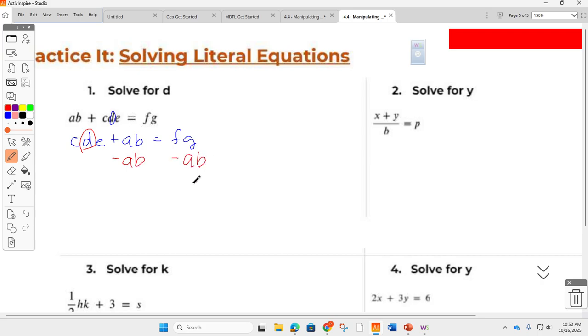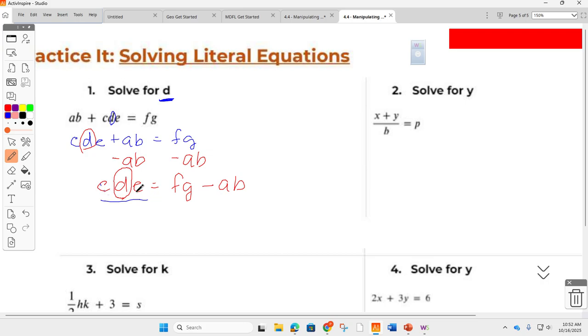So now we have cde equals fg minus ab. Reminding myself again what I'm solving for. d needs to be by itself. c times d times e. So I'm doing multiplication, and I can actually undo this multiplication for both c and e together.